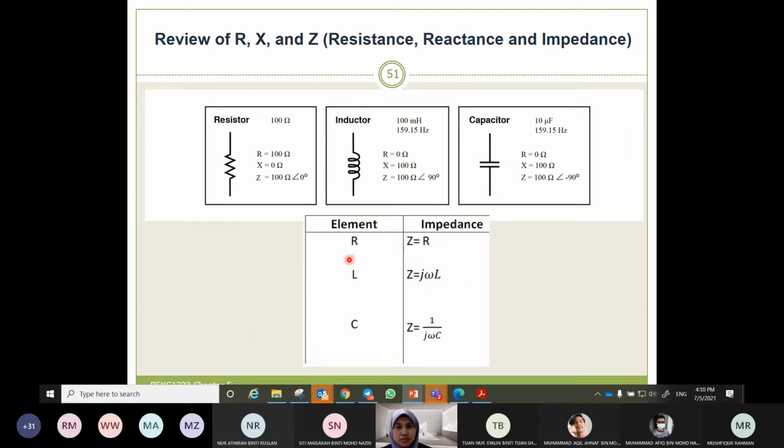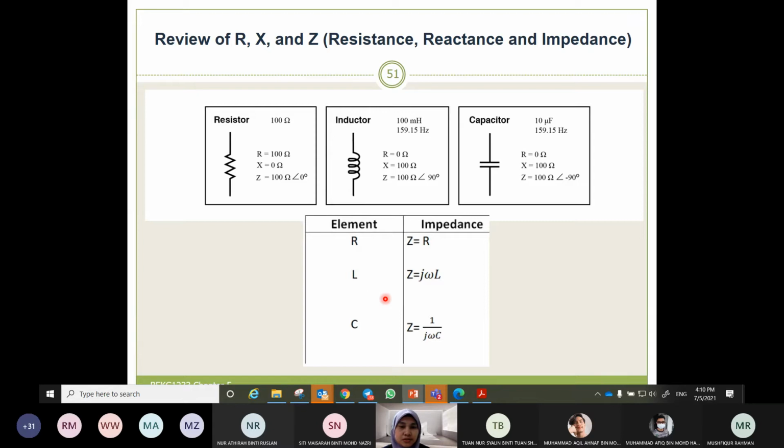R in resistor can also be represented as Z. Z is impedance. Z is equal to R. Impedance can represent R, L, and C, but R represents R only. The unit for impedance is ohm. Z is equal to R ohm.